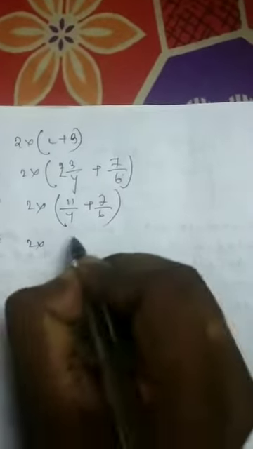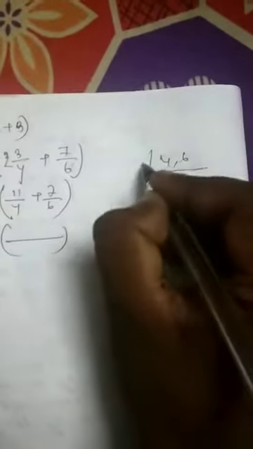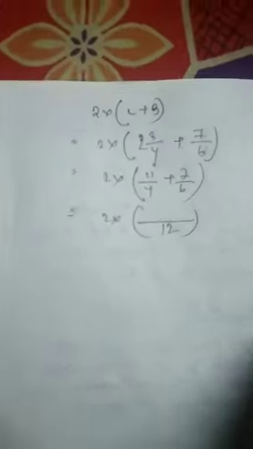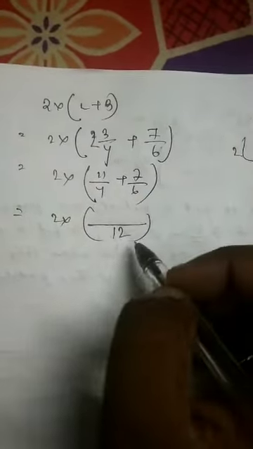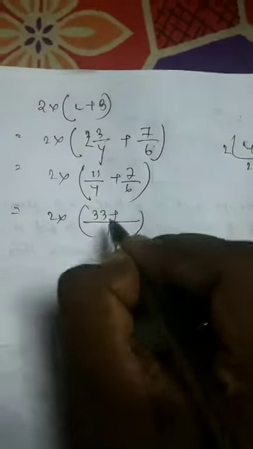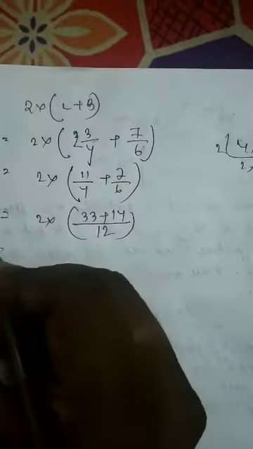2 into. According to BODMAS, we have to deal with the bracket first. LCM of 4 and 6 is 12. Now 12 by 4 is 3, 3 11s are 33, plus 12 by 6 is 2, 7 2s are 14.